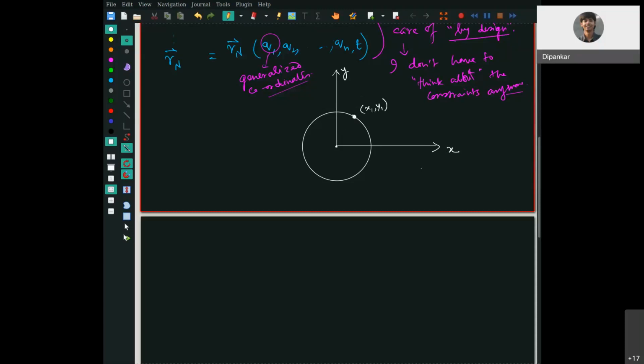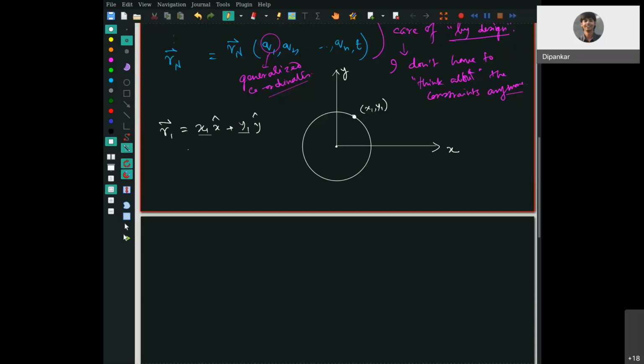Basically the position of the particle would be r1 equals x1 x cap plus y1 y cap. But since it is constrained to move on this circular ring, suppose I have created this circular ring and put the particle on it.